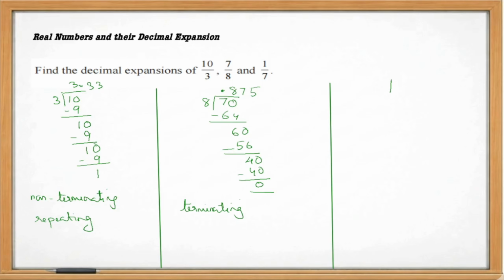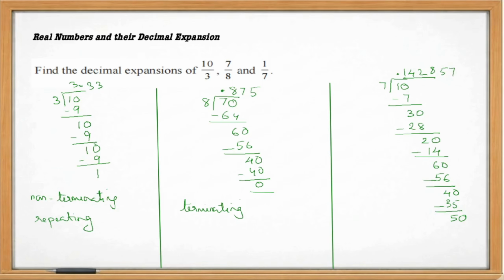Next one, 1 by 7. Put decimal point. This becomes 10. Then put 1. Okay. Then 4. This becomes 28. Okay, 2. It 14. 60. Then 8 becomes 56. 4. Then 5. 35.